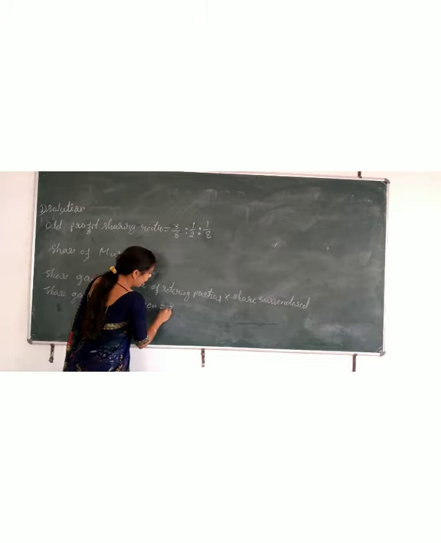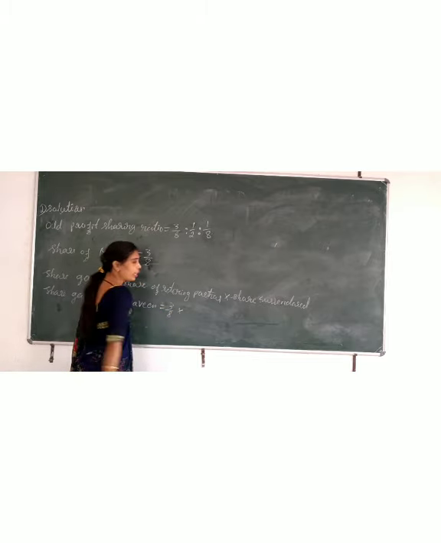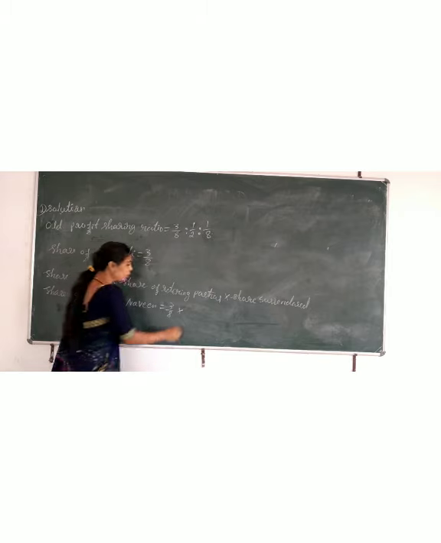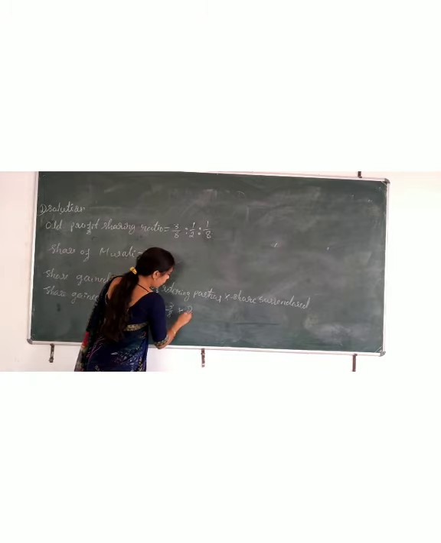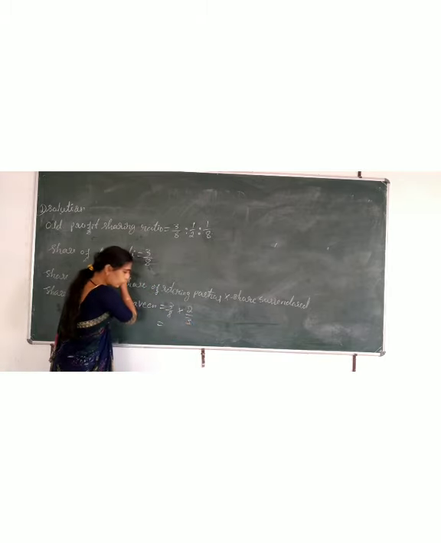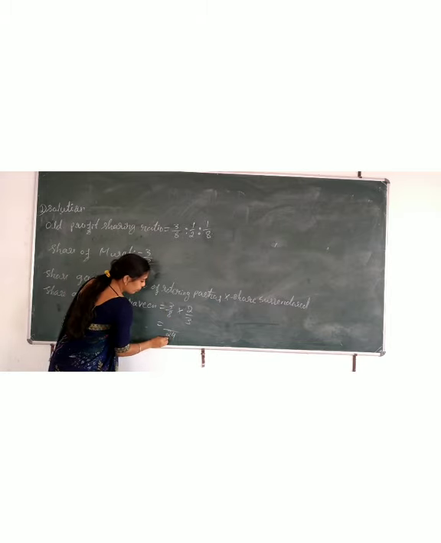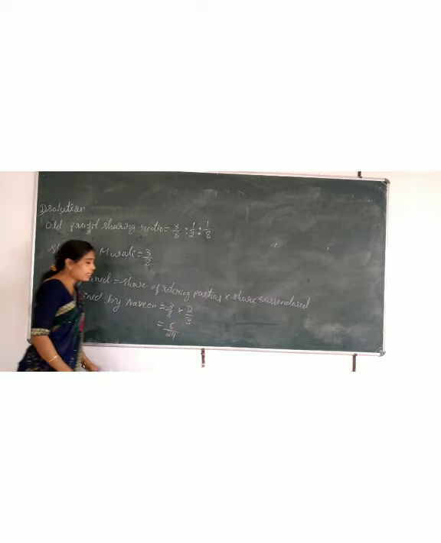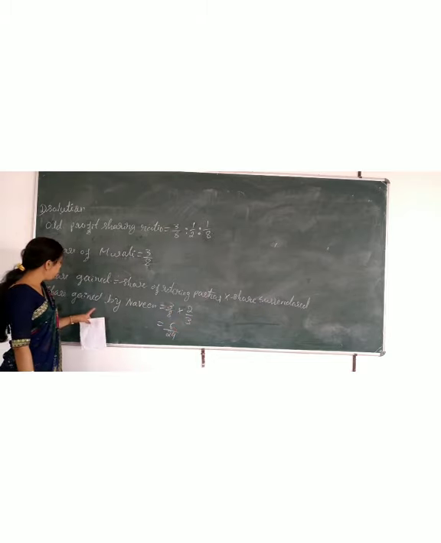So 3/8 into share surrender. Share surrender to whom? To Naveen. That is 2/3, isn't it? So that is equal to 8 3s are 24 and 3 2s are how much? 6. Okay, 6/24 is the share of Naveen.